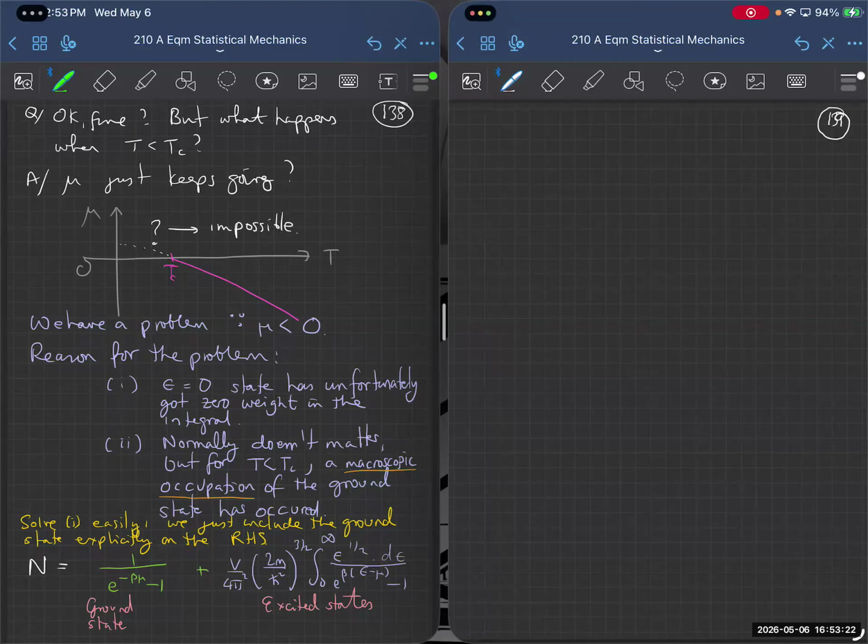I'll explain this going round in circles, as it were. We will see the following: that for T much greater than Tc, the first term is negligible.